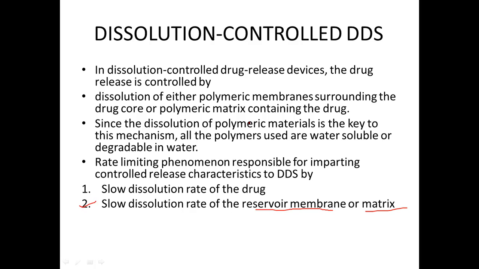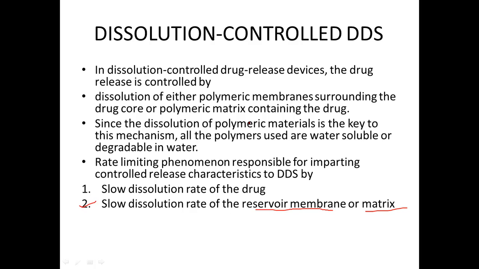The challenge in designing such systems is controlling the drug dissolution by either embedment in a slowly dissolving, degrading, or erodible matrix, or encapsulation or coating with slow dissolving, degrading, or eroding substances like polymers.